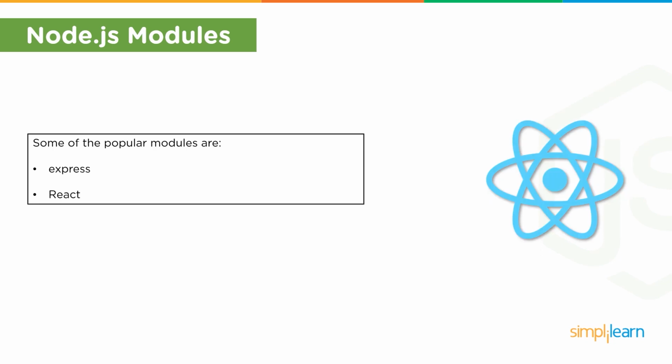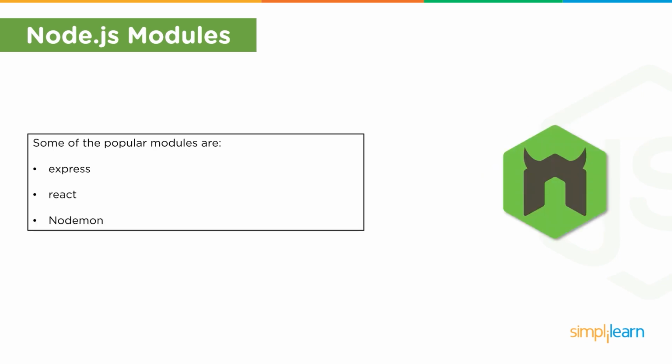We have React.js, which is from Facebook. We have Node Daemon, an open source solution. Each of these modules are very big solutions in themselves, but you can also create smaller modules that would be of benefit to the types of applications you're creating.